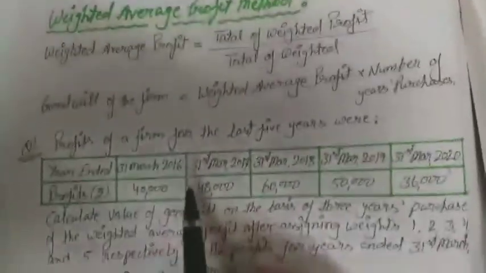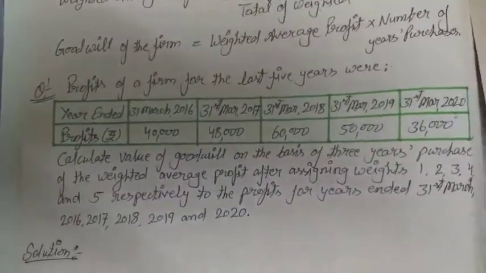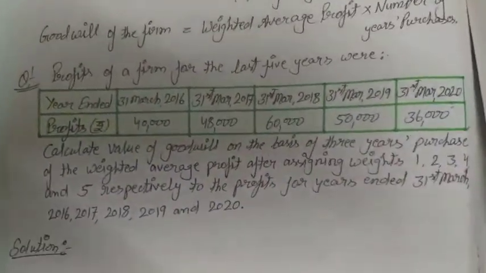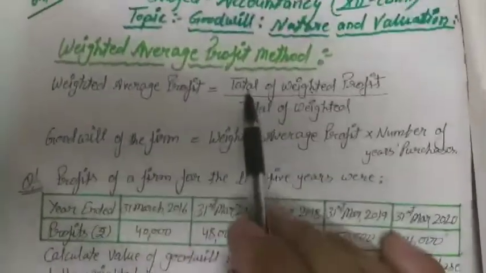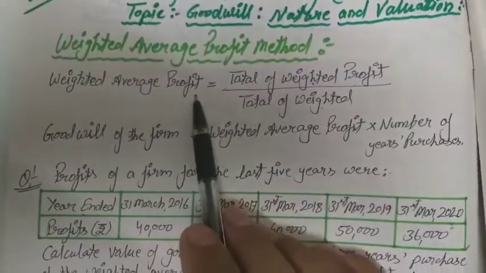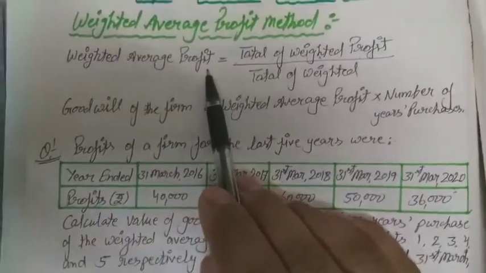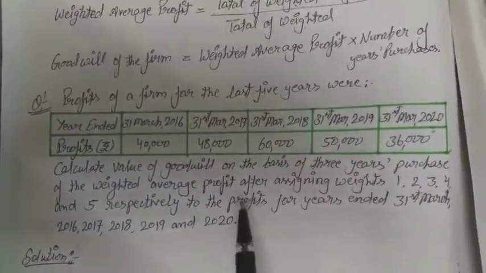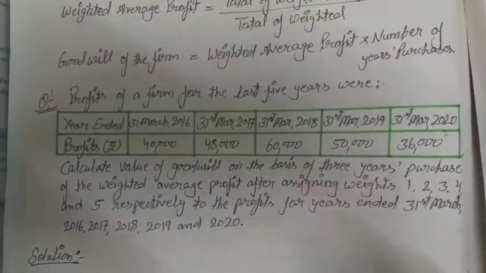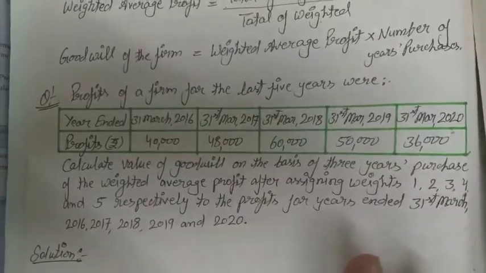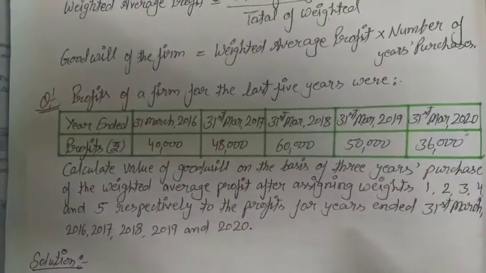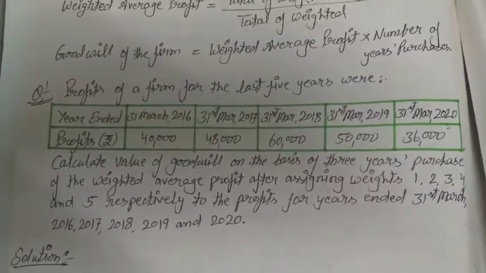Regarding this, I have written a question, an example by which we can understand how to calculate the weighted average profit. By this question we can learn easily, because it is a simple question and no other extra information is there.